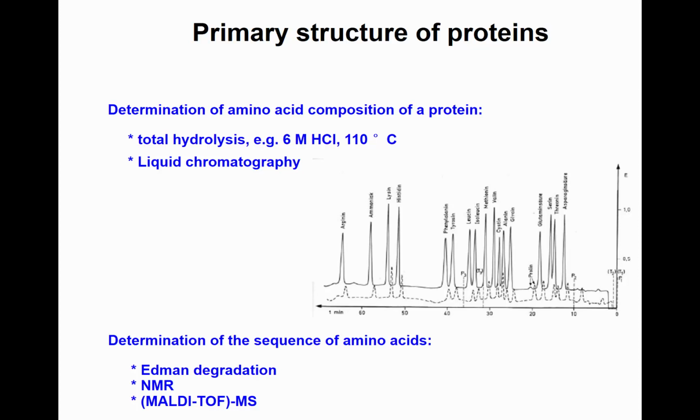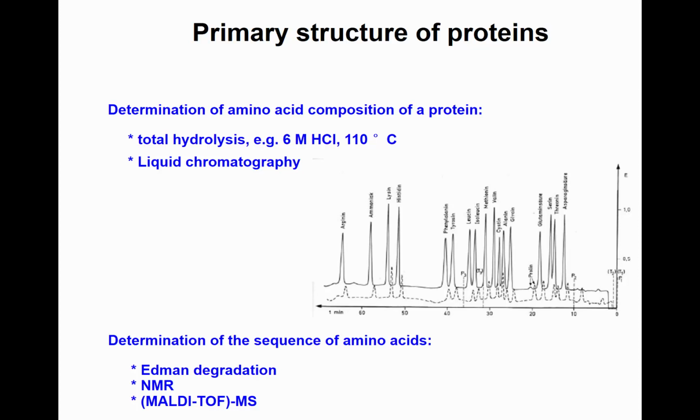That means you break one amino acid at a time, react it with an Edman reagent, and then that amino acid goes into a chromatographic system and gets analyzed. Then the next one gets broken off and analyzed. It's like a cycle. So you get the sequence by going from the outside to the inside. There's also nuclear magnetic resonance, where you can get the sequence, and of course, mass spectrometry.